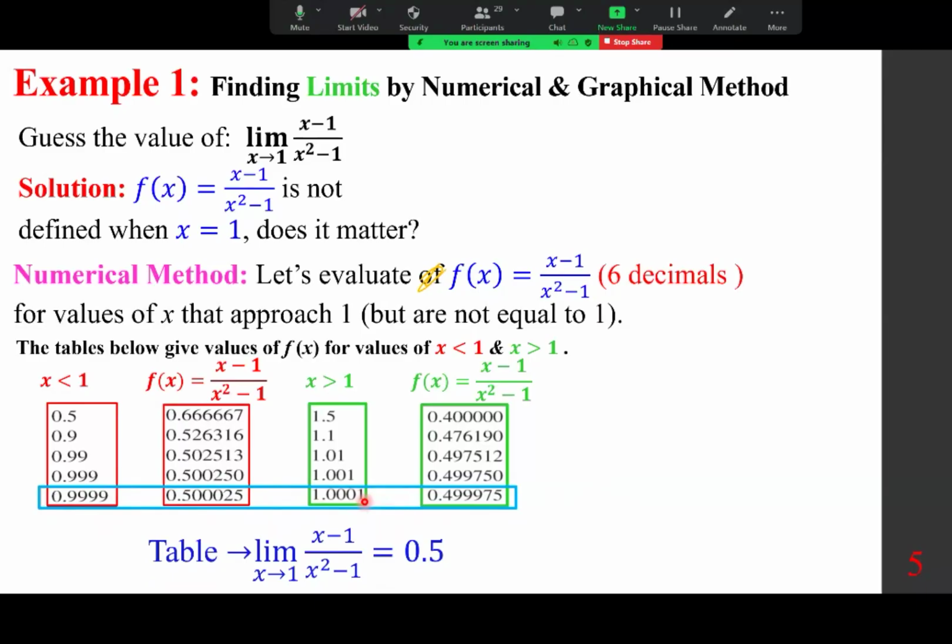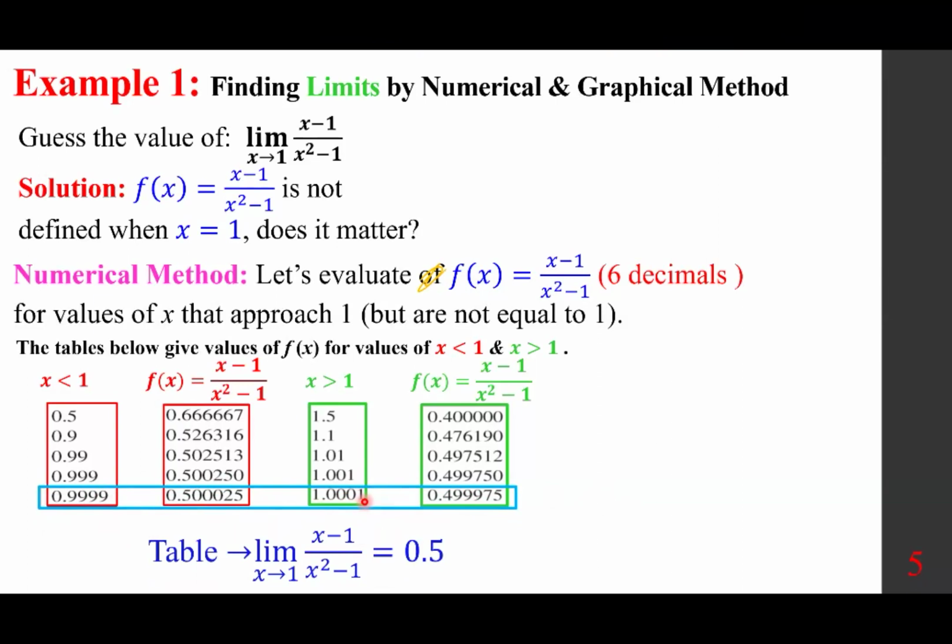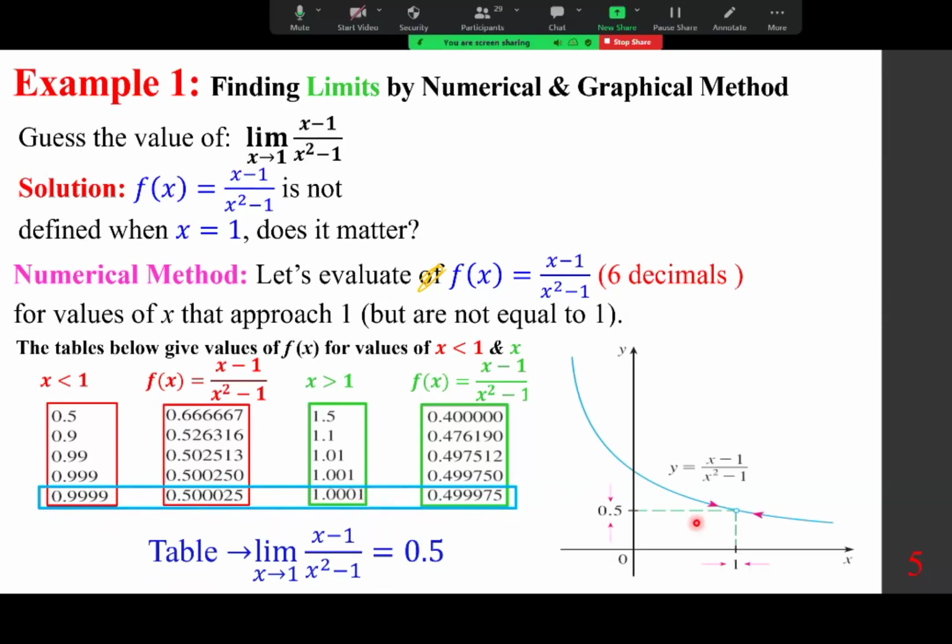That's why the numerical method may be used, but the analytical method is more important. Graphically, if you were to graph this, when x approaches 1 from the left and x approaches 1 from the right, both of them are moving towards this hole. There's a hole here, and this hole has a y coordinate 0.5. Bear in mind, we are not interested at 1, but rather close to 1.